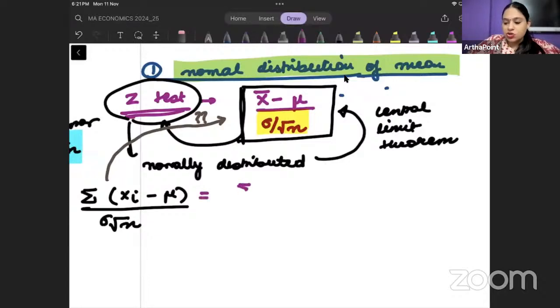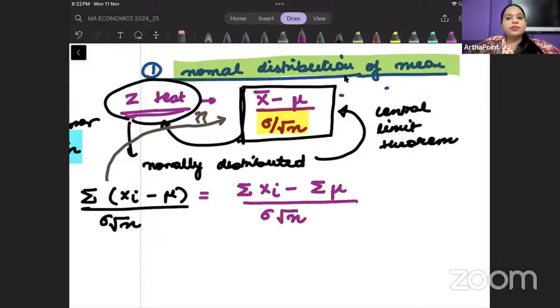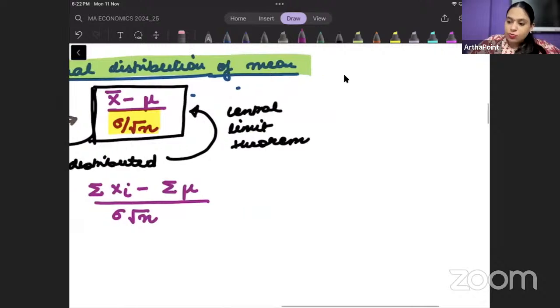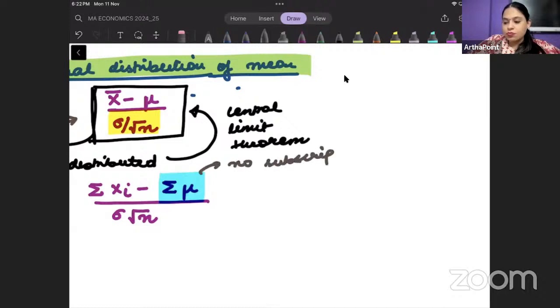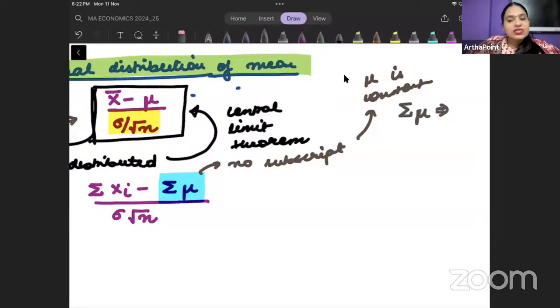You also open it. So this will give you summation xi minus summation mu upon sigma root n. Summation mu, beta, it means that mu is a constant. There is no subscript here. So mu is a constant. तो अगर mu एक constant है and I am summing up mu, so what will this give me?